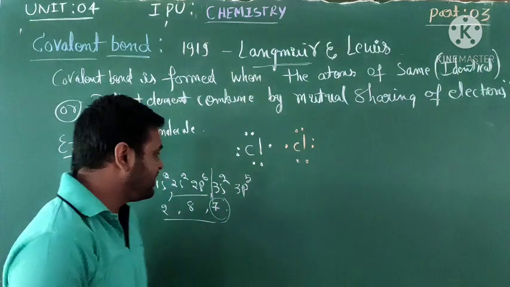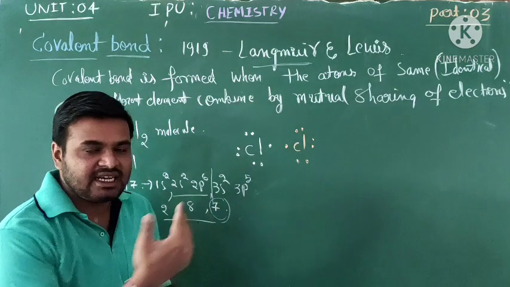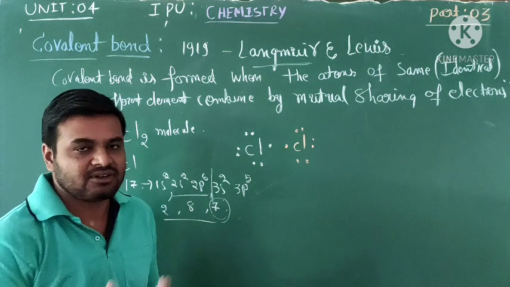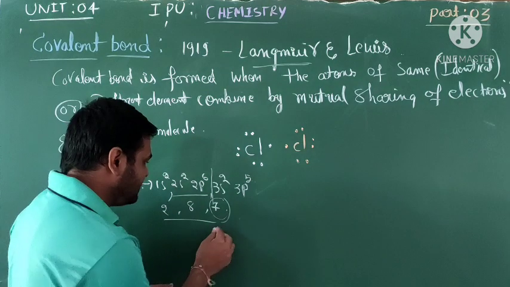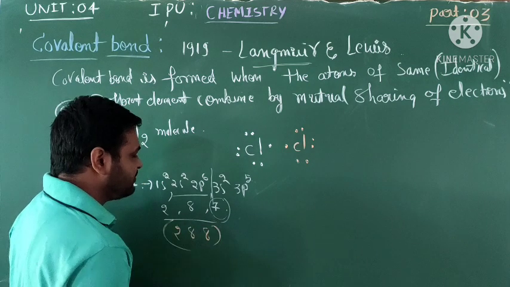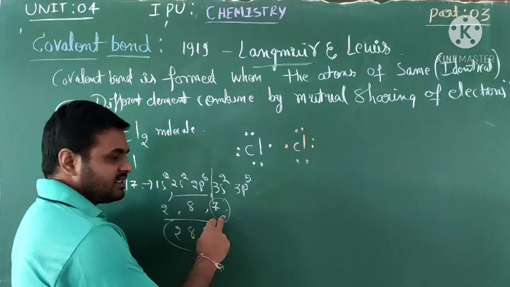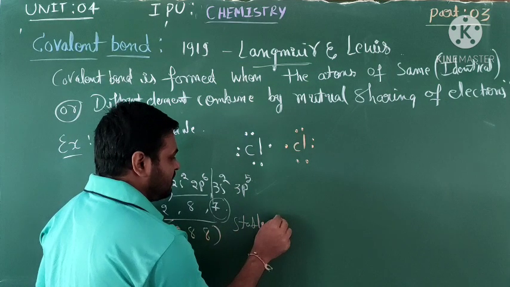How many electrons are shared? Each has 7 electrons, and 1 electron is shared, forming 8. This is a stable electron configuration.